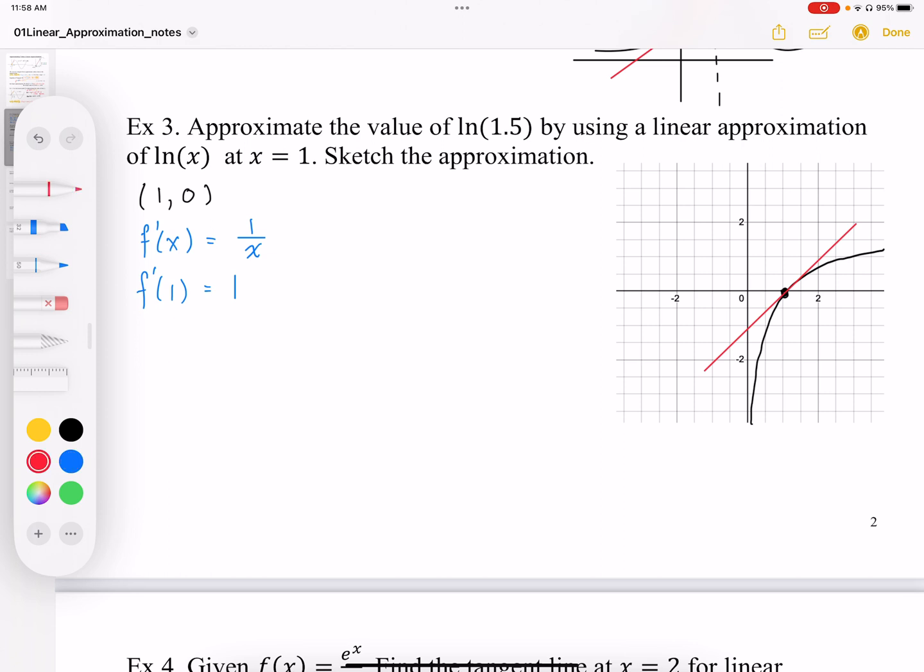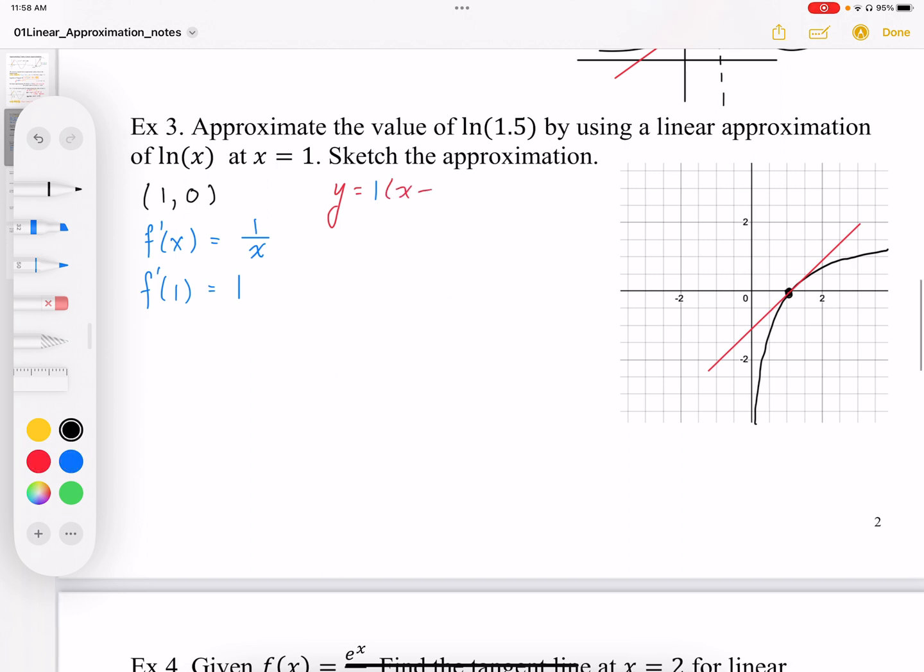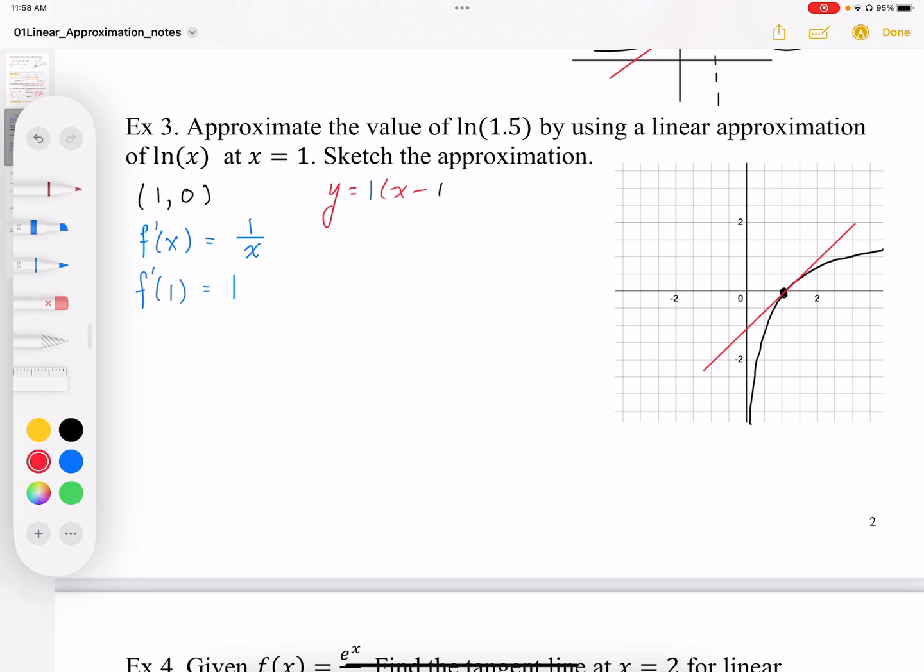We come up with the equation of the tangent line. So y equals 1 times (x minus 1) plus 0. We don't really need the plus 0 in there, but I'm going to put it in just so that you can see that that 1 and 0 came from the point of tangency.